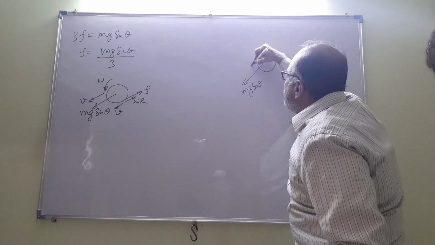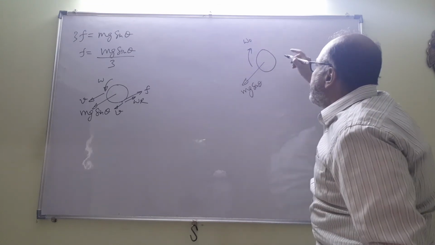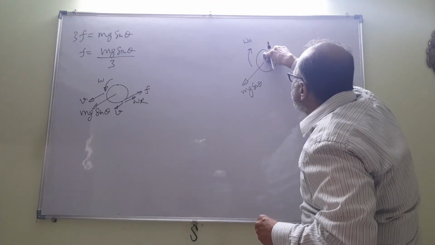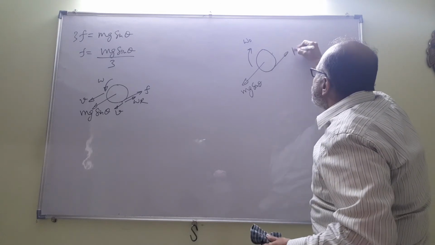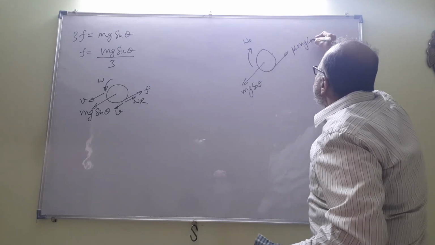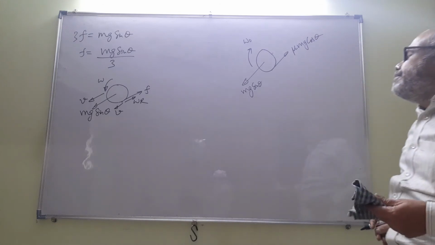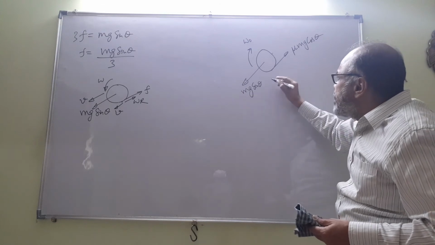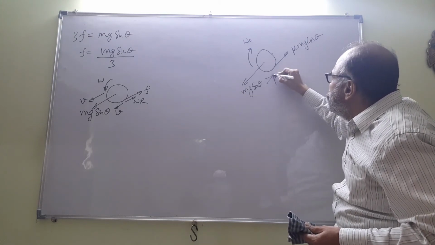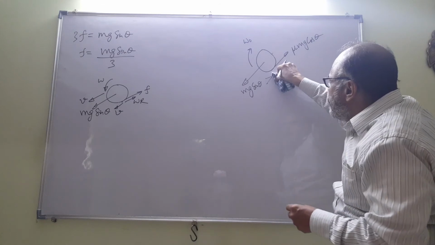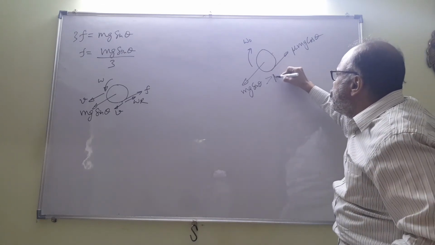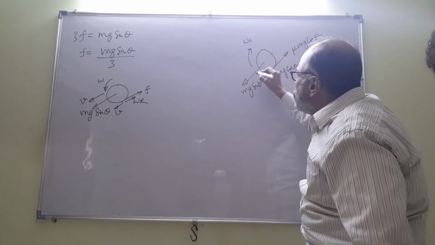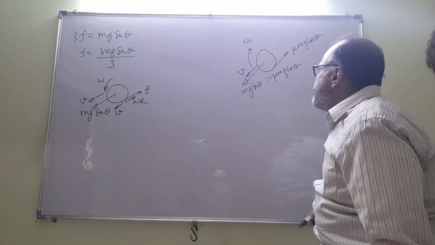You have rotated this by omega naught and left it on the incline. Now mu mg cos theta is acting this way, and we are saying mg sin theta is greater than mu mg cos theta. If so, the body will now gain a downward velocity.